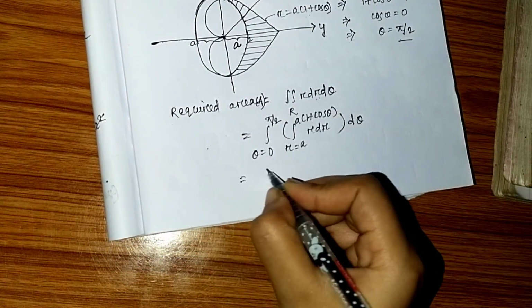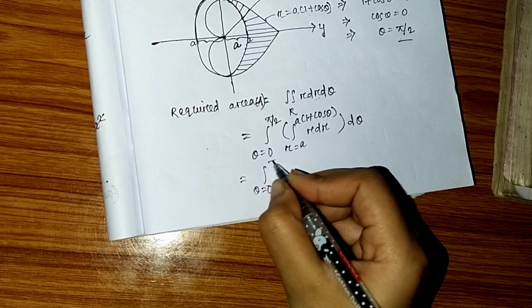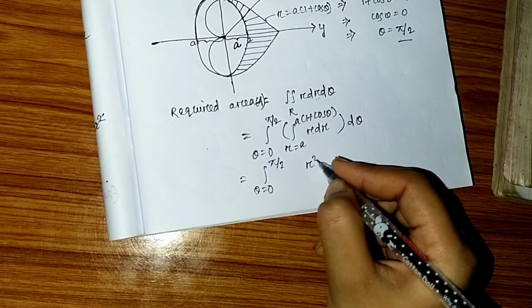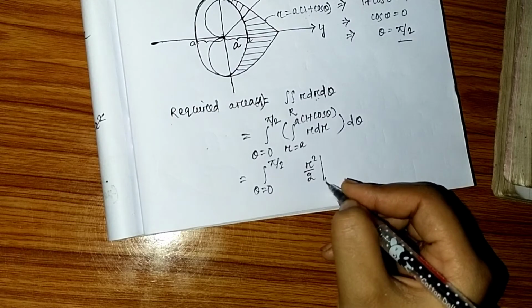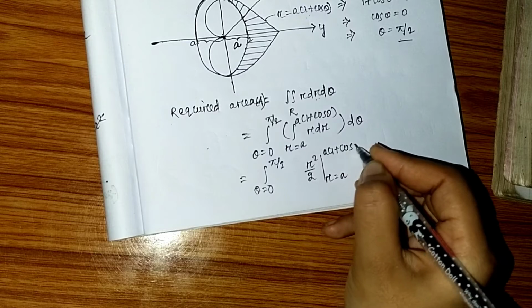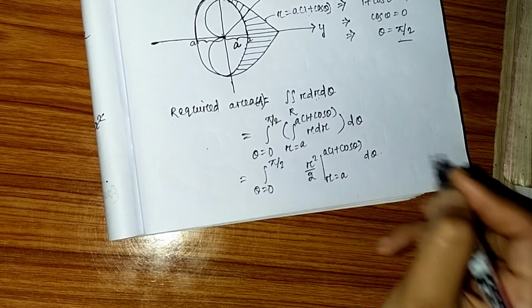So that is equal to the integral for theta from 0 to pi by 2 of r square by 2, with r limits from a to a into 1 plus cos theta, d theta.